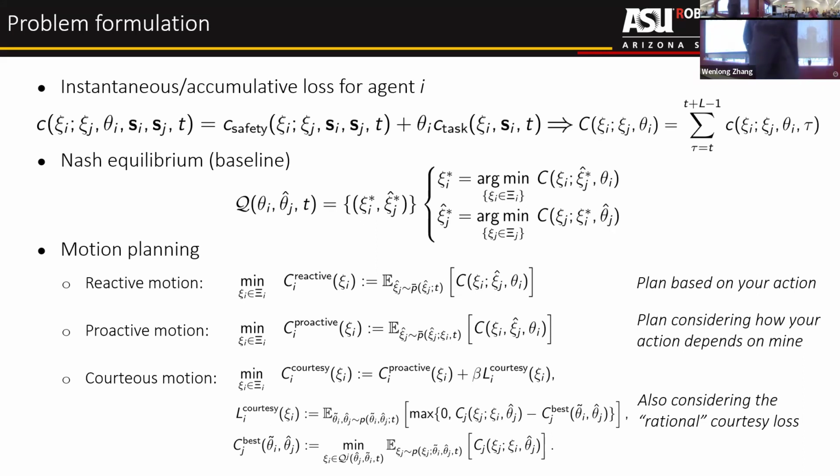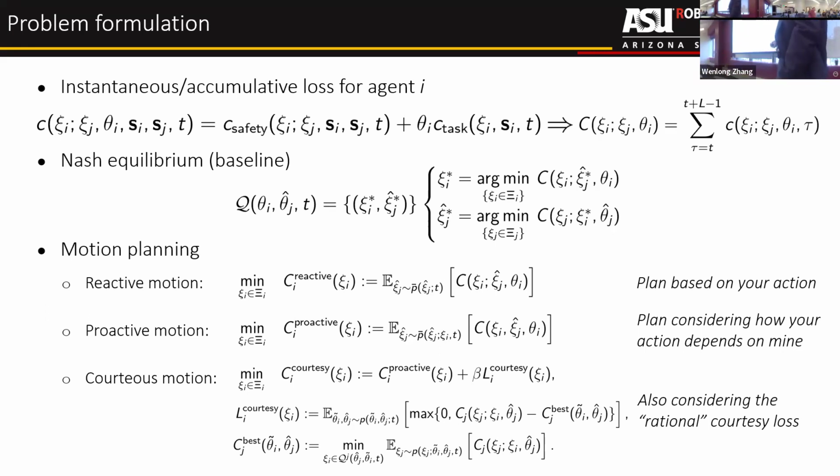The last one is the courteous motion planner. I want to acknowledge that this is not really something that we proposed first. We built on other people's work, but the main difference is that we calculate the courtesy loss by looking into what we call the rational courtesy loss. Okay, there are a lot of details here.